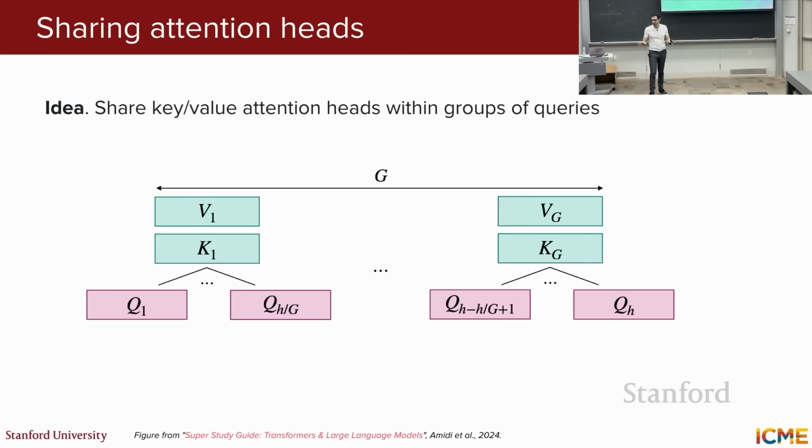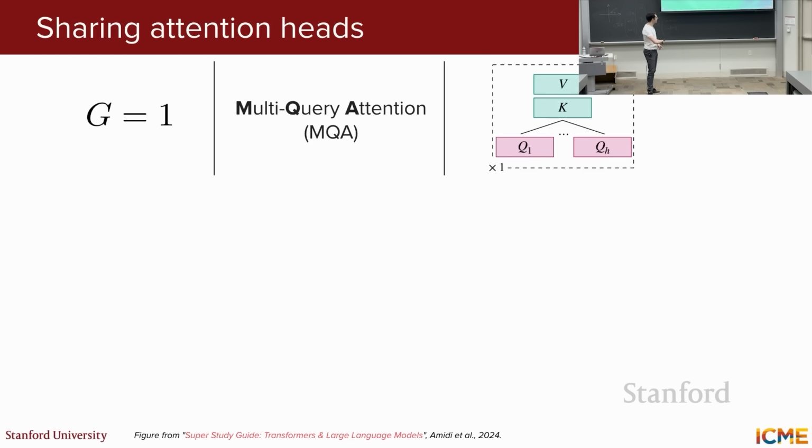Does that roughly make sense? Okay, cool. So speaking of that, there are some variations as to just how many projection matrices to share. You have the extreme example where all H heads share the same projection matrices for V and K. In that case, this method is called MQA, multi-query attention.